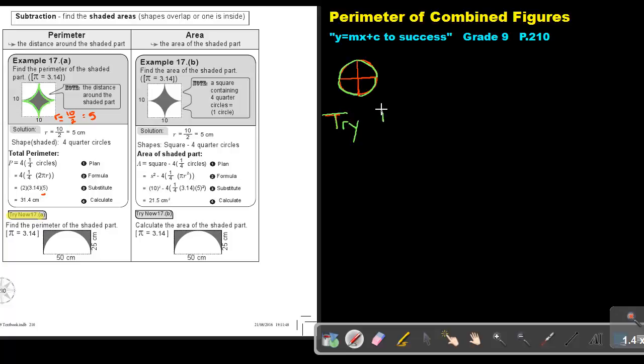Try now 17, and it's just number A. Find the perimeter of the shaded part. Let's first mark it. So the perimeter of the shaded part will be this. Let's just redo. It will be this.